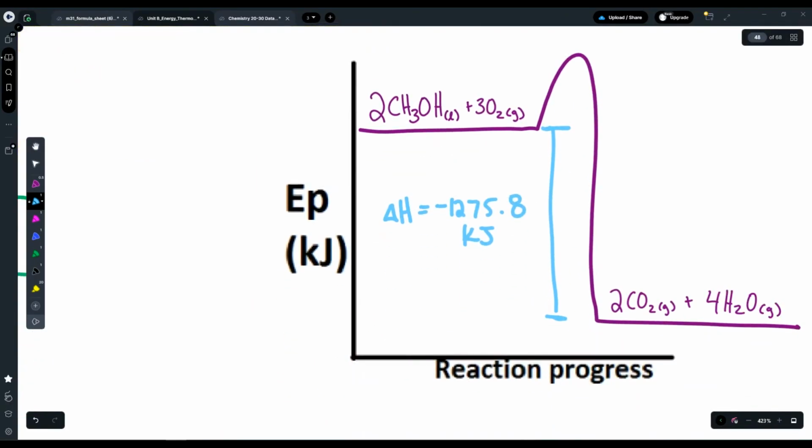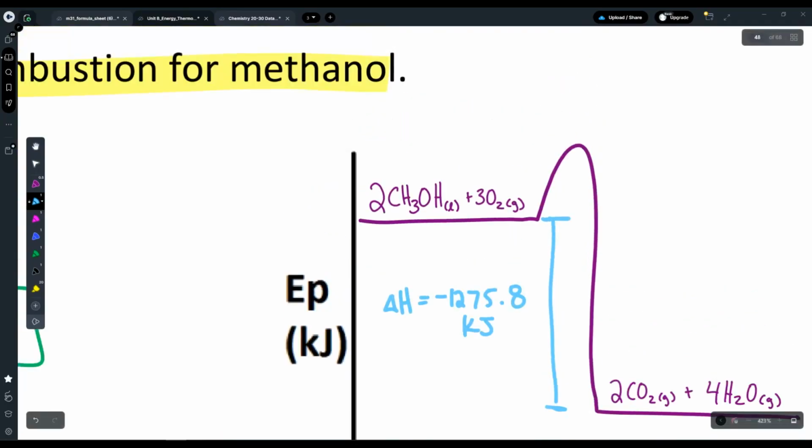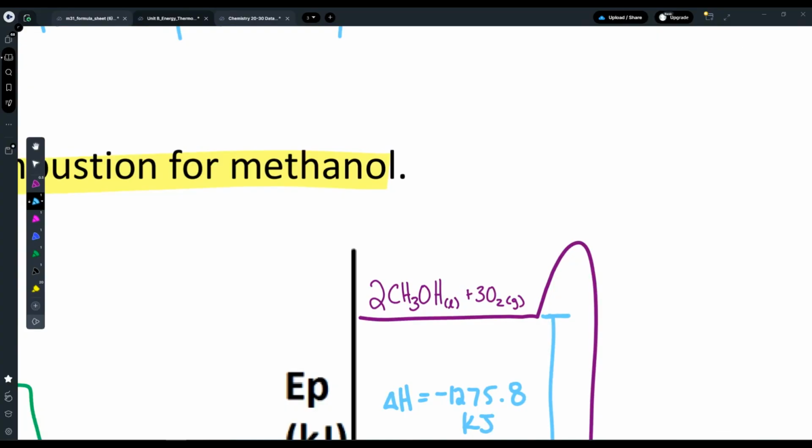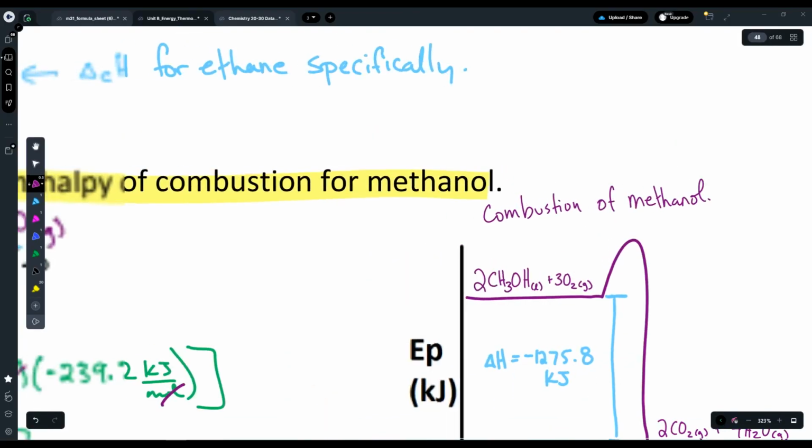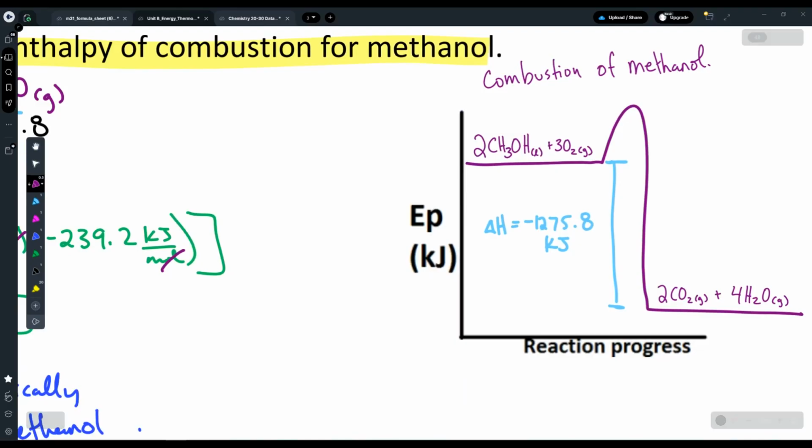Okay, and then since both my axes are already labeled for me, I'm just going to title this combustion of methanol. Alright, so that would be a fully labeled potential energy diagram for this reaction.